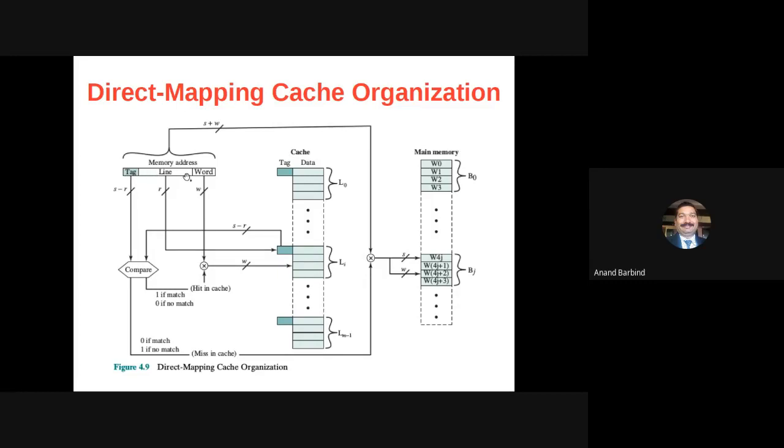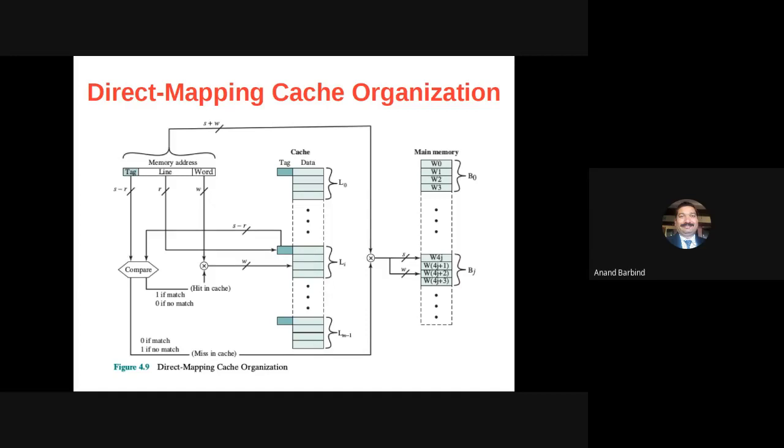The word address is determined by the size of the block. For example, here there are four words in a block, that is W0, W1, W2, and W3. So how many bits are required to address the words in a given block?